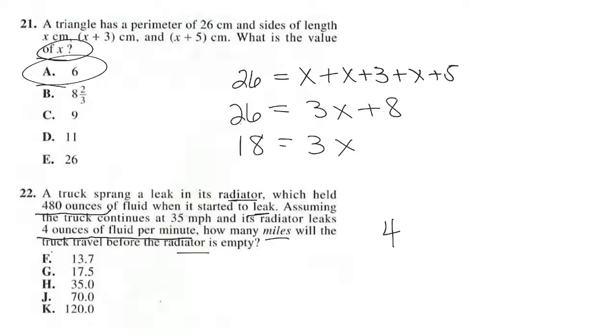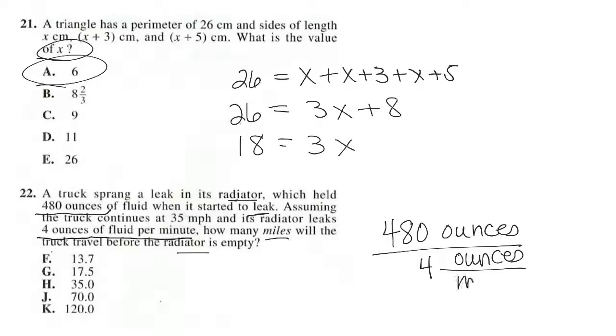So I have 480 ounces. And so we're going to divide that by 4 ounces per minute. And I'm keeping up my units because the units really do help here. So that's going to give me 120 minutes.